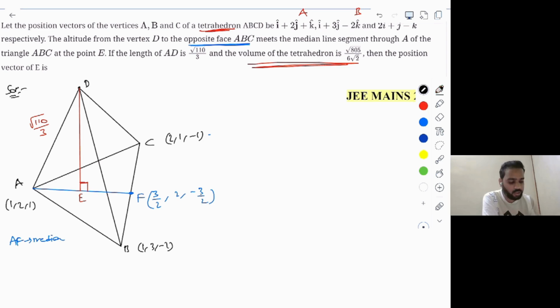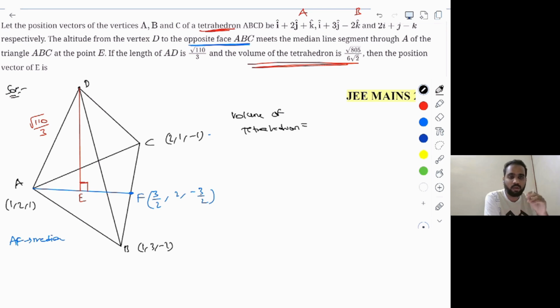Okay. Now, first thing, we have to recall the formula for the volume of a tetrahedron. You know one formula, that the volume of a tetrahedron is 1 by 6 times the box product of A bar, B bar, C bar, where A, B, C are coterminous edges. But here we can't use this formula because you don't have all the vertices.